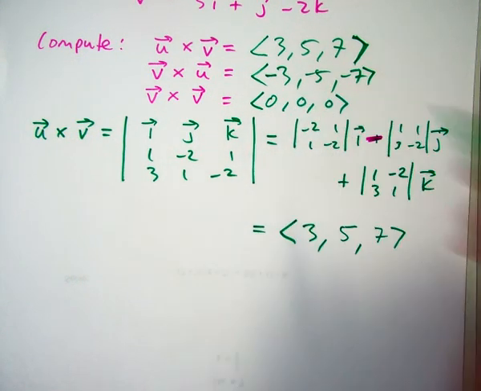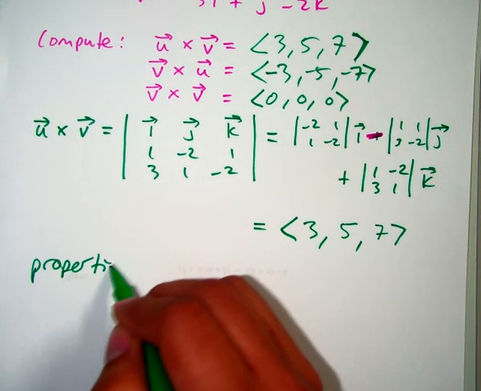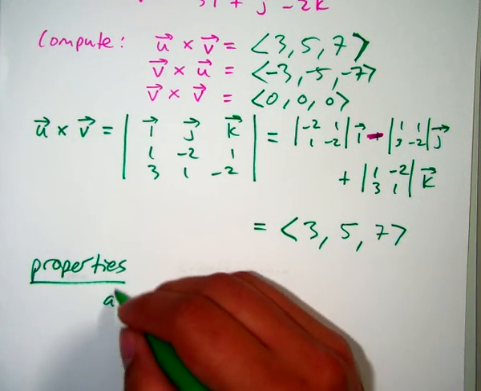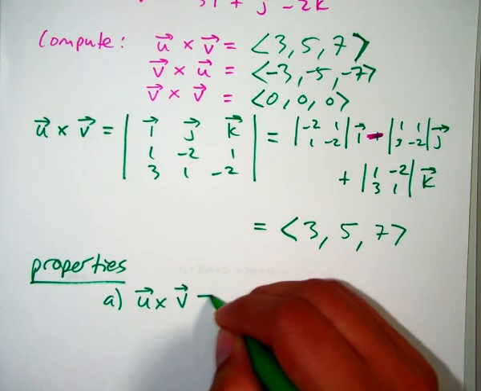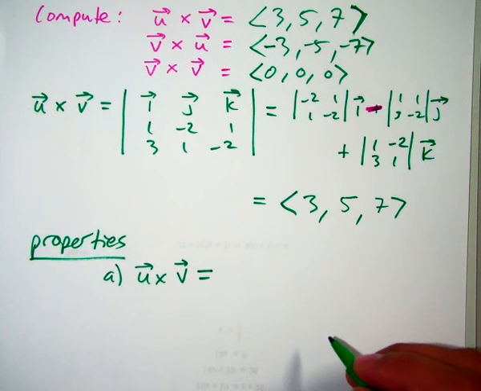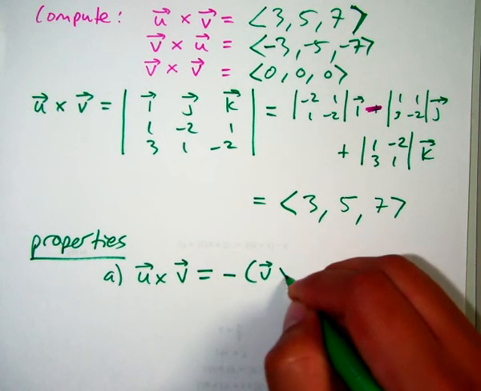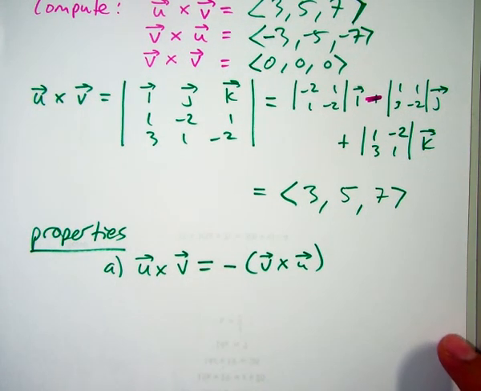Okay. So a couple things this leads us to, some properties. 1. U cross V does not commute. It's not the same as V cross U, but it is the same as the opposite of V cross U. Let's see, another observation.